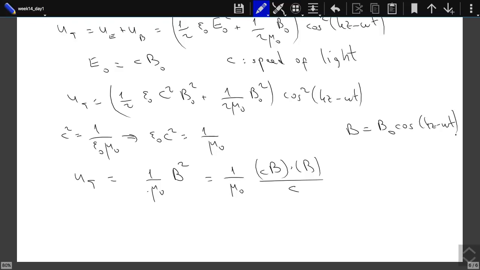So here, this cosine is now in this B. But the electric field and the magnetic field, they all have the same cosine, because the electric field is nothing but c times b. Do you agree?